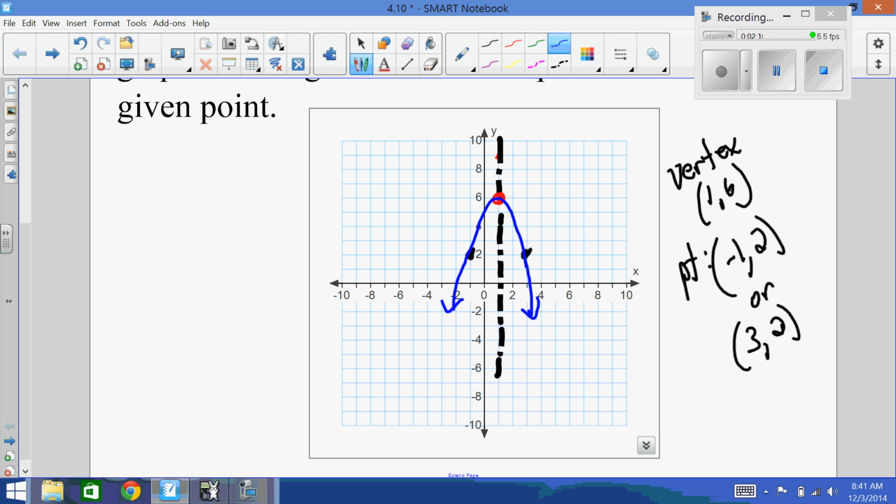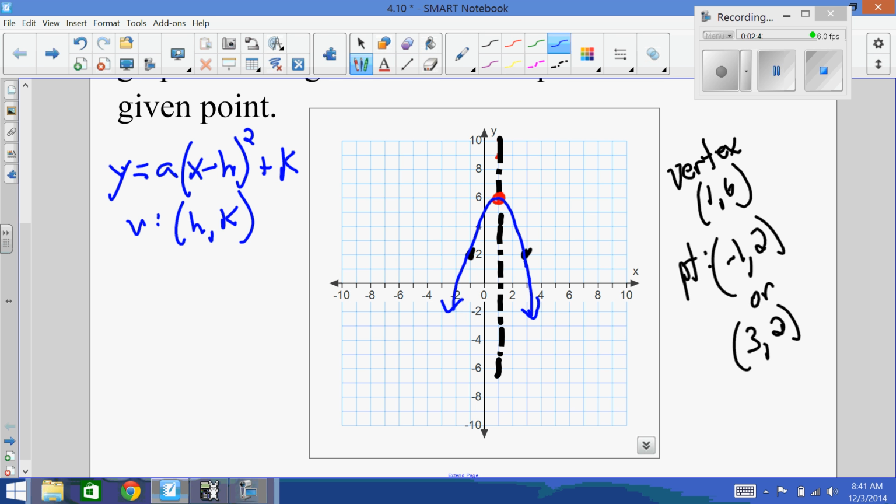Now I want to come up with an equation for this graph, but we want it to be in vertex form. So vertex form states y equals a times quantity x minus h quantity squared plus k, where your vertex is (h, k).